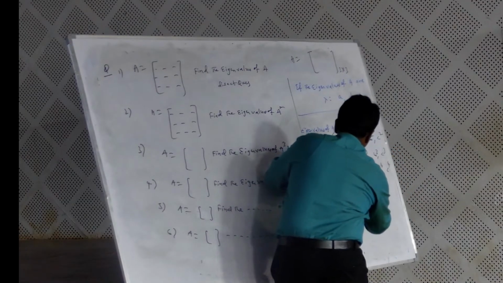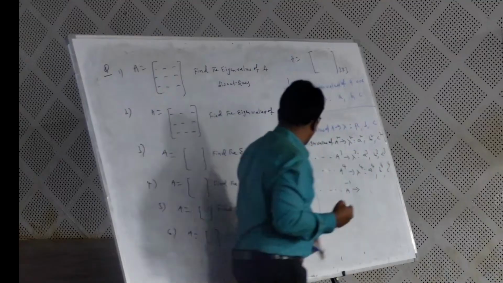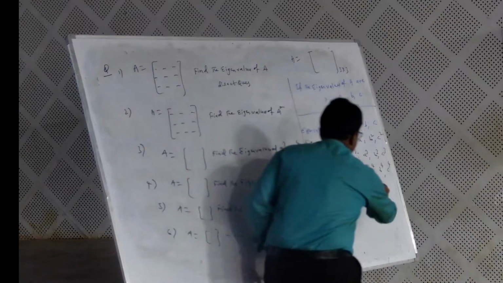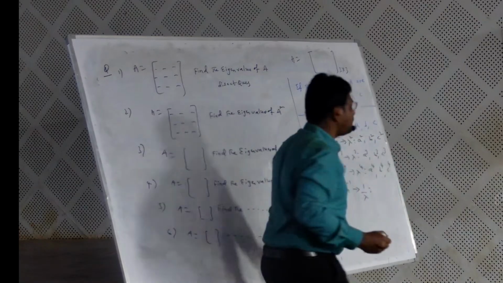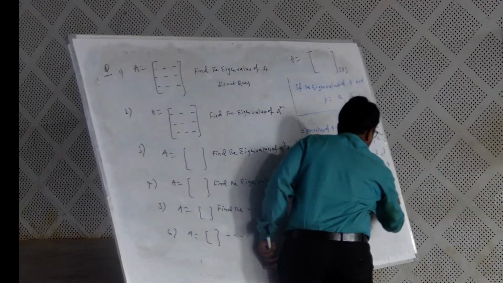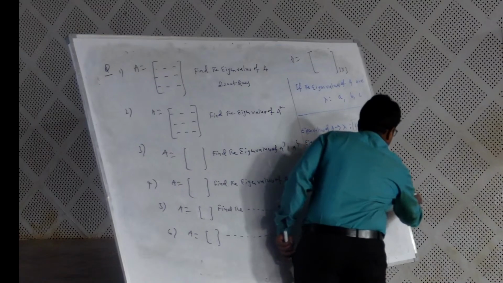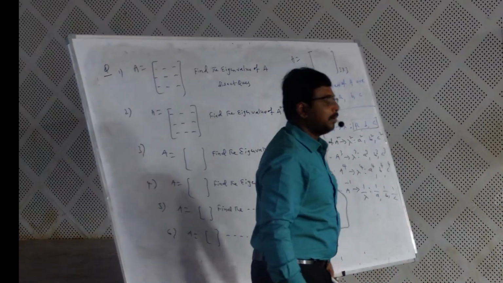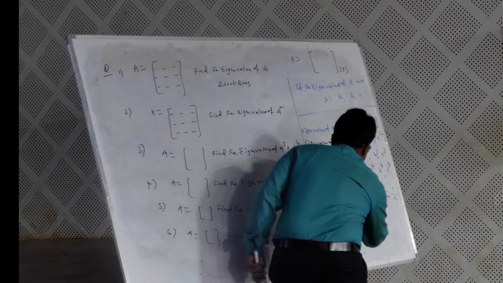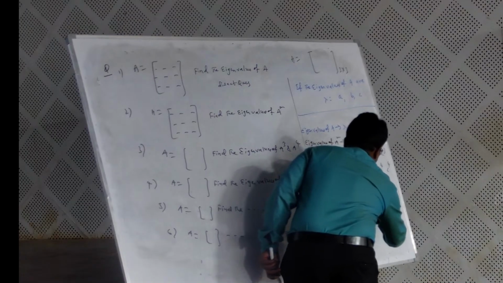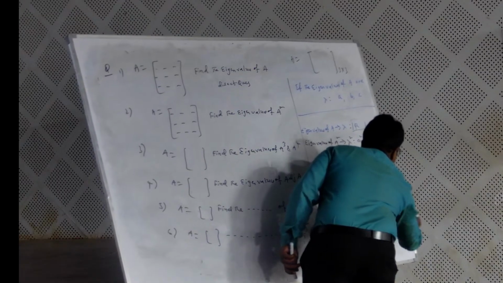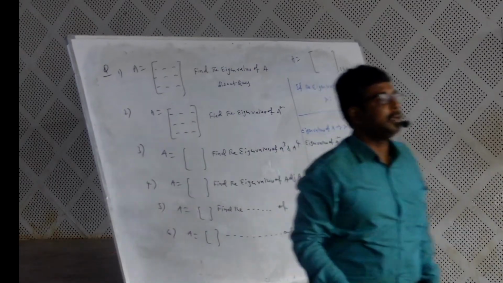And eigenvalues of A inverse, this is very important. A inverse matrix eigenvalues are 1 by lambda. What is the answer? 1 by lambda means the reciprocals: 1 by A, 1 by B, 1 by C. And eigenvalues of A transpose are the same: A, B, C only.